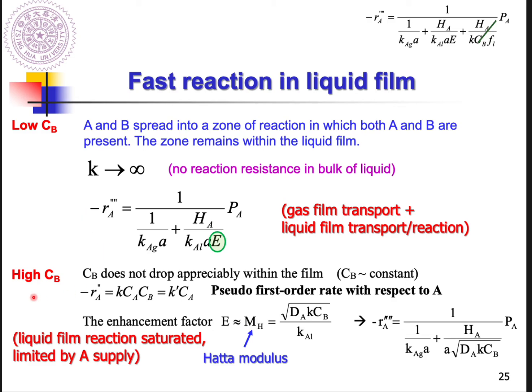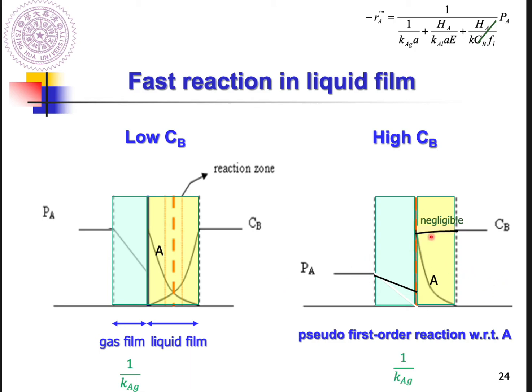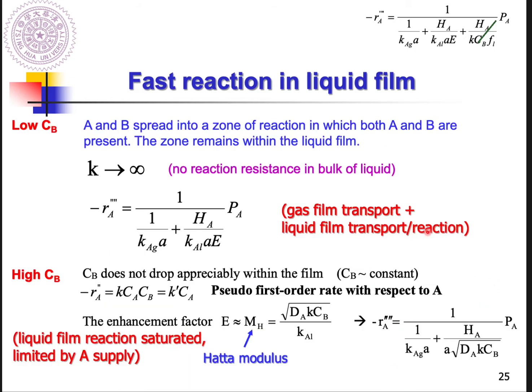And for the high CB case, because CB is high enough, you can consider the concentration of CB to remain constant in the liquid film. So when you write down the rate equation, the consumption rate of reactant A is k CA CB, and because CB can be considered a constant, you can lump k and CB to become k prime and CA.